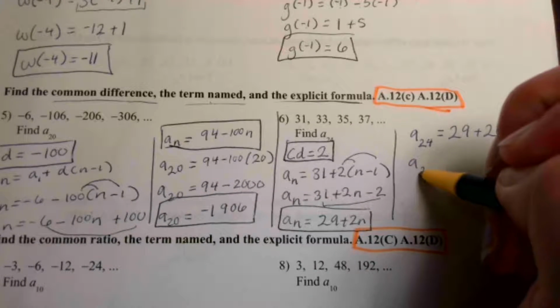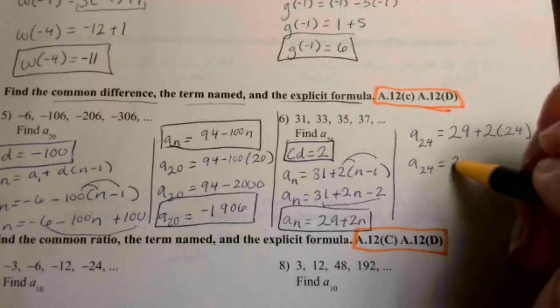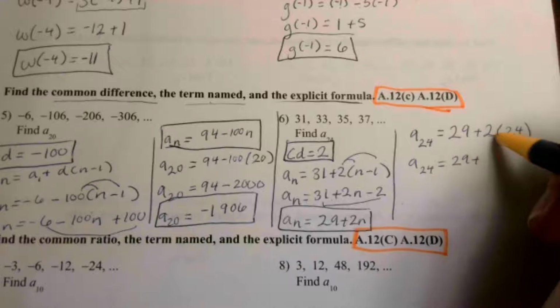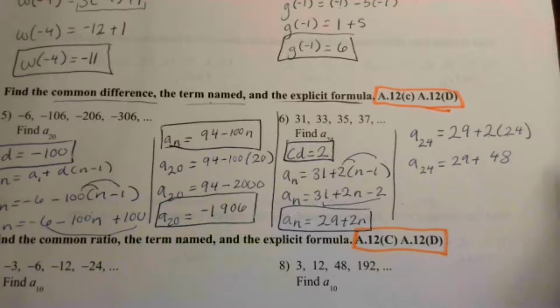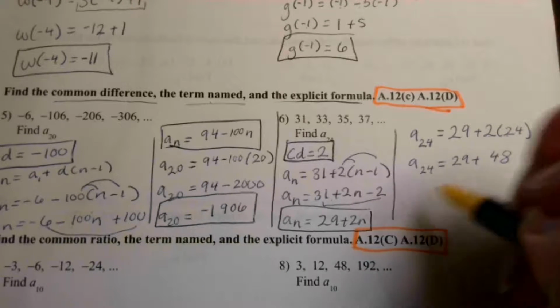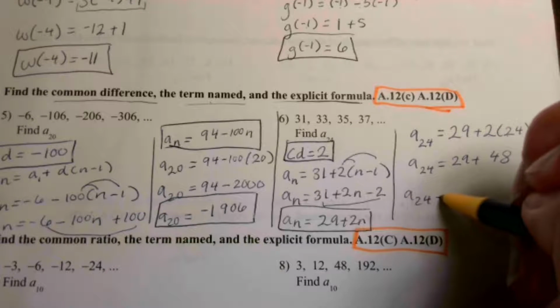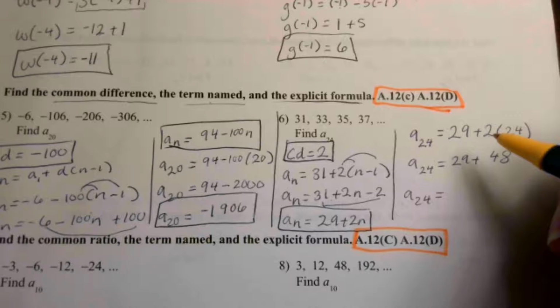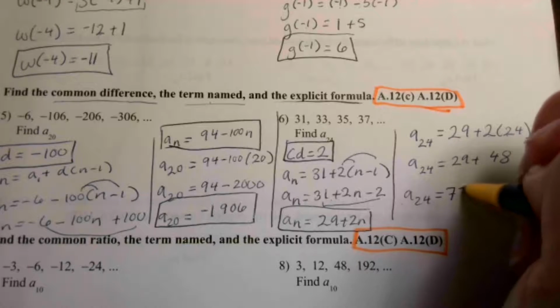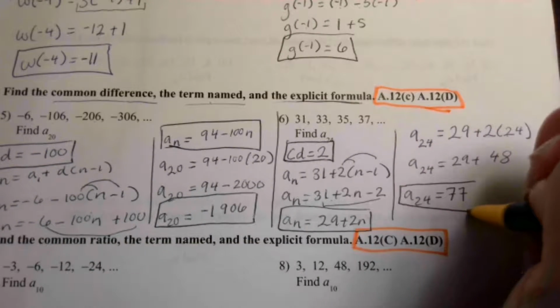A sub 24 is equal to 29 plus 48, which is 77. Yeah, 77. And that's it.